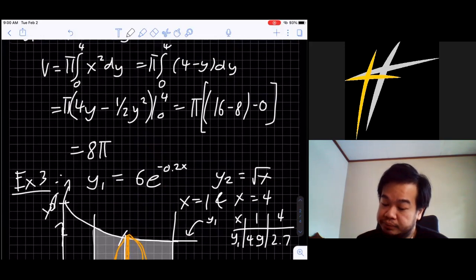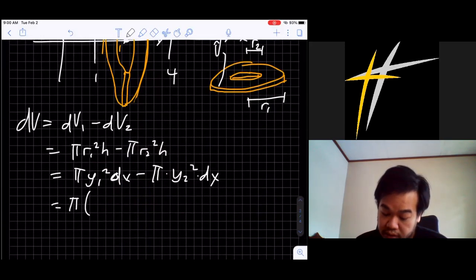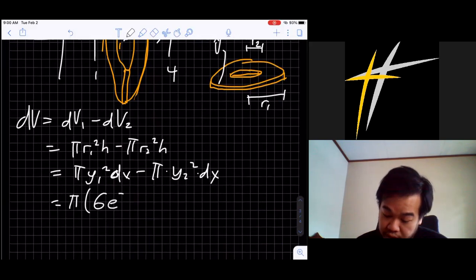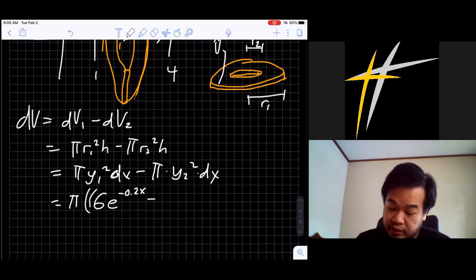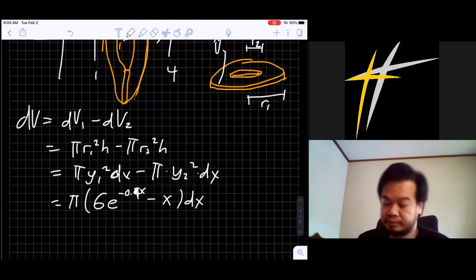And then if you factor out the pi, your dV equation will be 6e power of negative 0.2x minus square root of x, squared. I'll just square it by the way. If it is squared, then it's 0.4, and square root of x squared is x, dx.